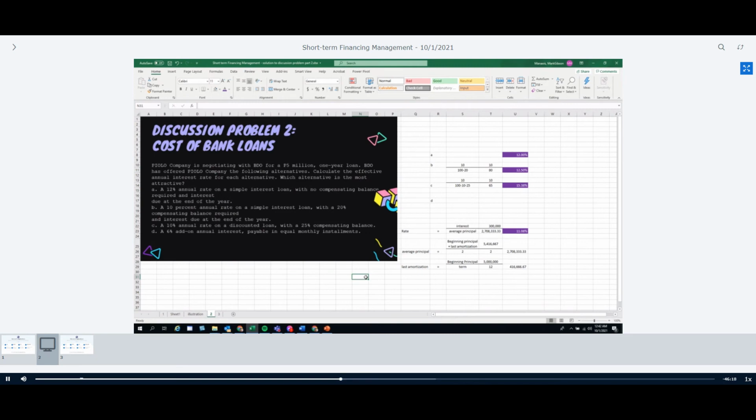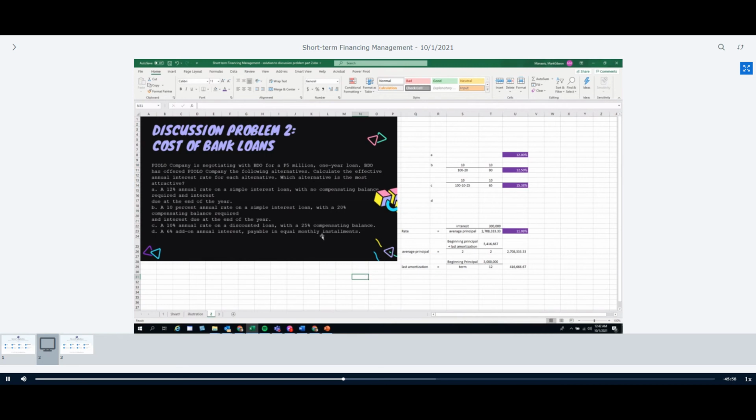So letter A, nandahan natin 12% annual rate on simple interest loan with no compensating balance required and interest due at the end of the year. So parang wala ka na ditong kailangang pag-isipan pa, no?